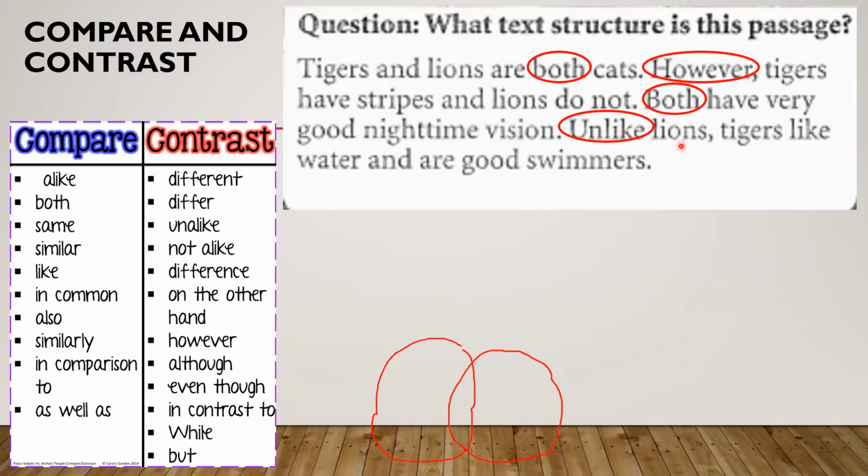And then it's telling us that lions don't. So lions don't like water and are not good swimmers. So that's how you would, because of these words, and because we're able to imagine where these things go on a Venn diagram, this is why we said that this was a compare and contrast passage.